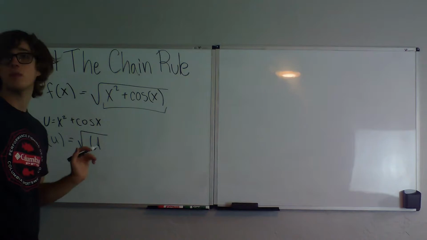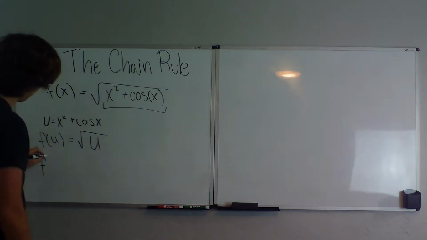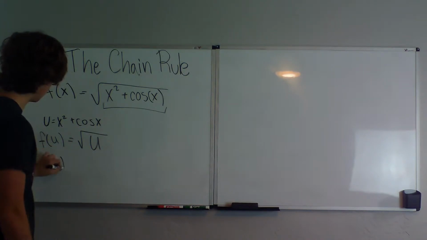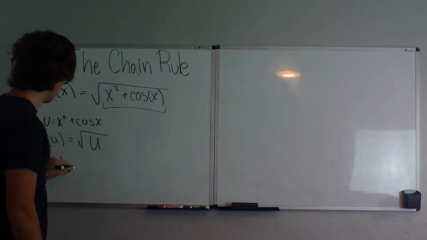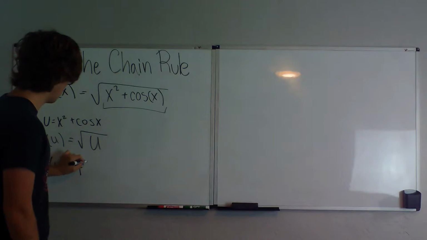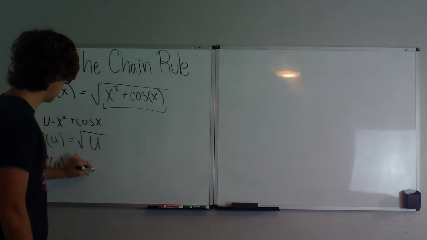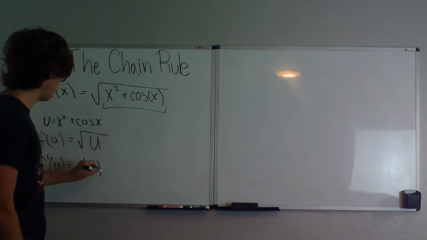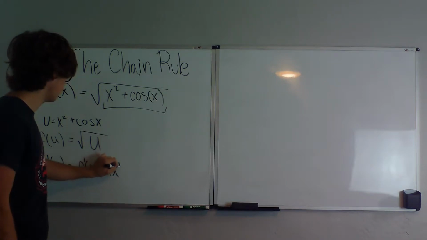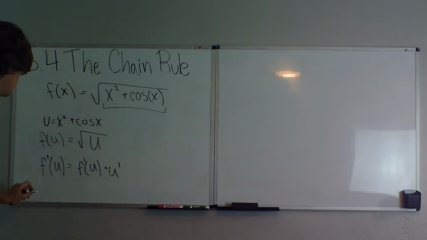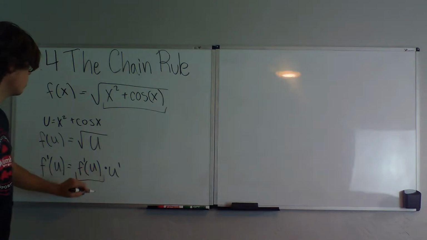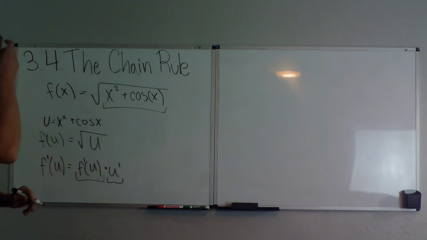Again, textbook notation, not mine. f prime of u is going to be equal to the derivative of f of u times u prime. So that's how we do it for these types of questions. We find this derivative and then we multiply it by the inside derivative.